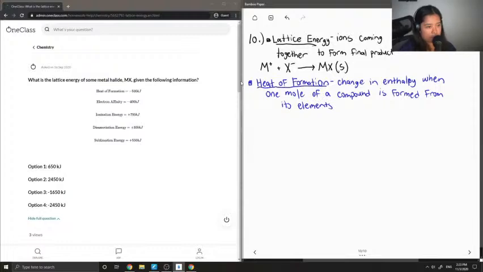So in other questions, they might define the heat of formation as kind of like the net delta H of the reaction.